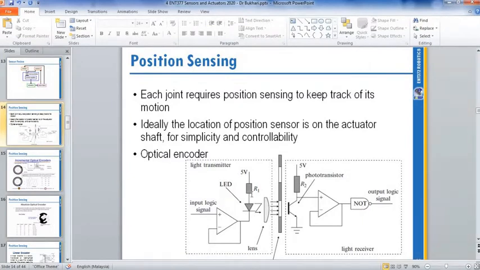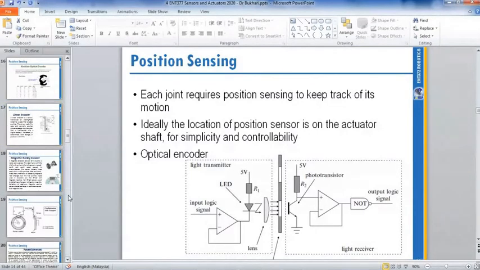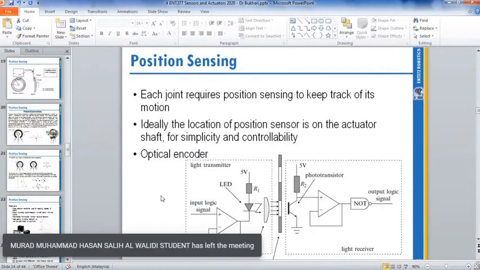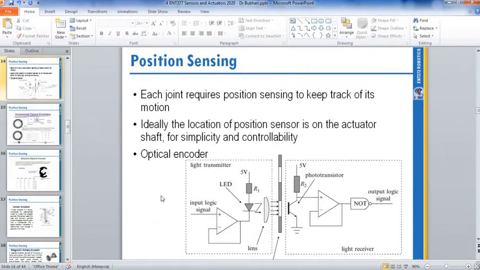We have the optical encoder, we have magnetic, we have potentiometer. All of those measure the position of the rotary actuator. So we use the optical encoder.